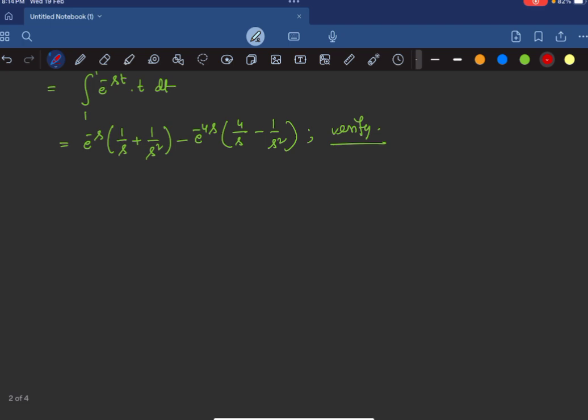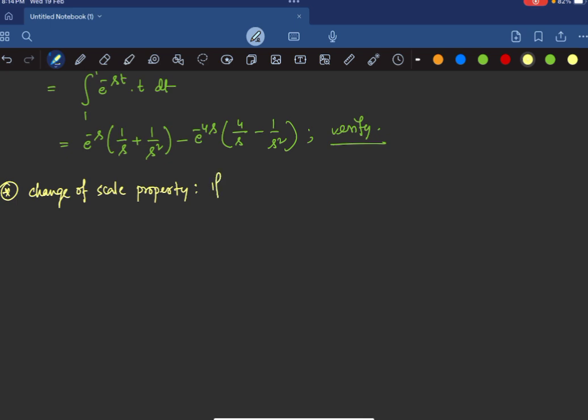Now the next property I can discuss with you. The first two properties we have already covered: the linearity property and the first shifting theorem. The next property is the change of scale property for the Laplace transformation.